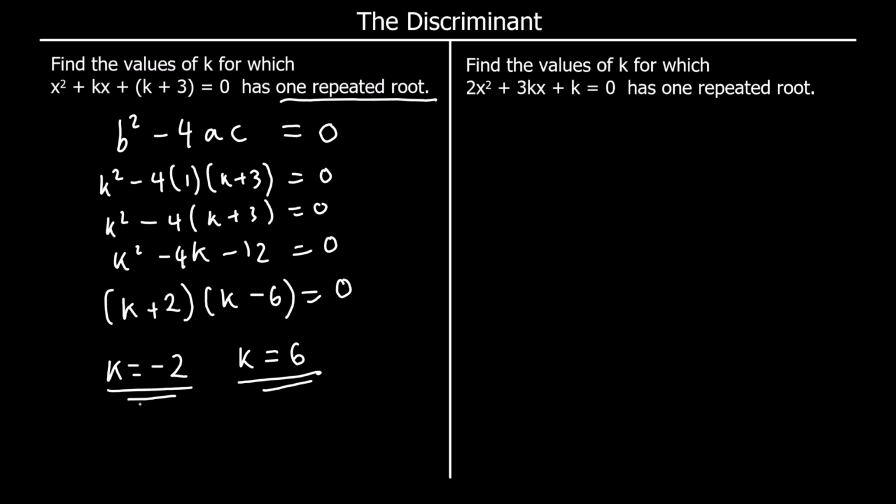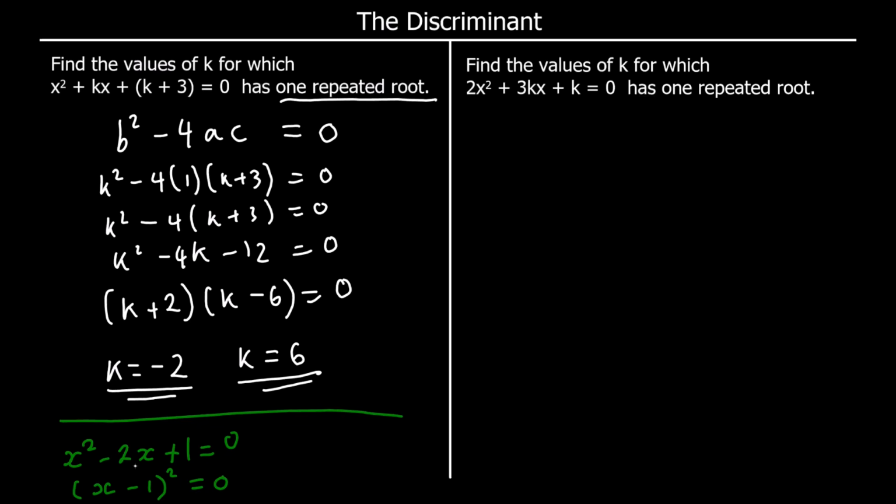If you want to check, let's just have a quick check. If we substituted negative 2 in for k, we'd get x squared minus 2x, and then negative 2 plus 3 is 1, plus 1, and that will factorize to x minus 1 squared.